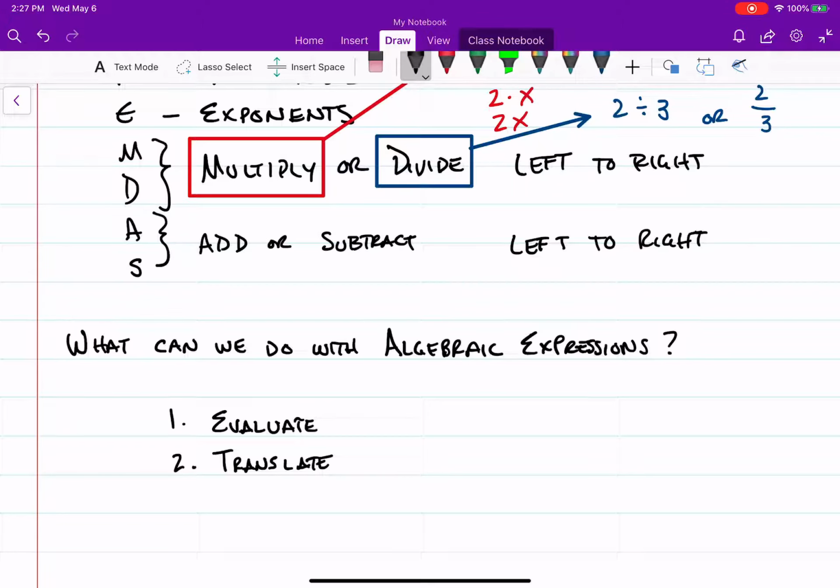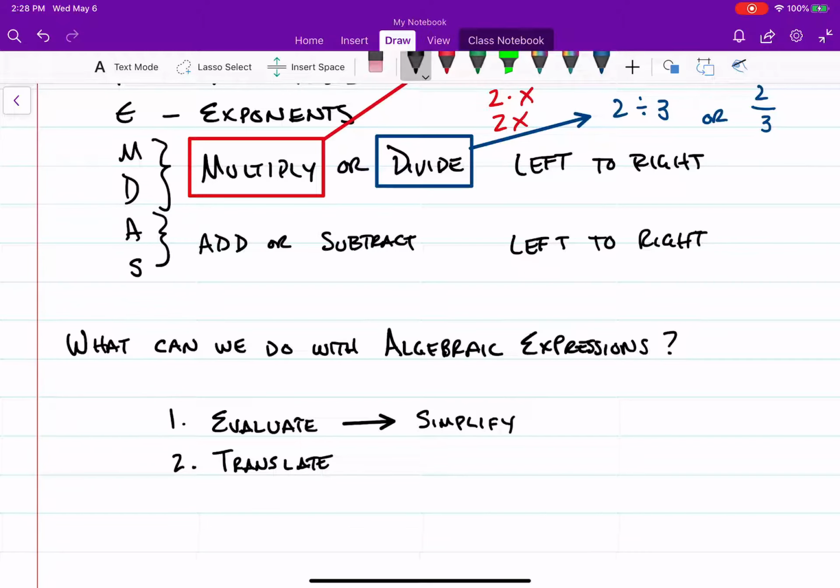Translate usually is only a translate. But with evaluate, the thing that you're going to have to remember to do is, number one, simplify. And that's something that you definitely want to do.